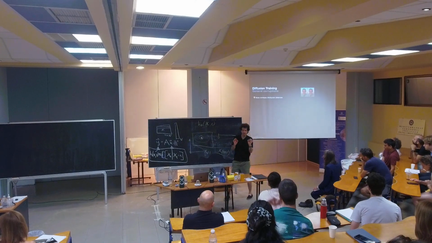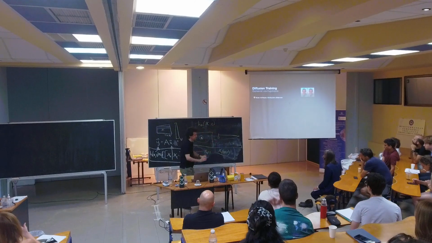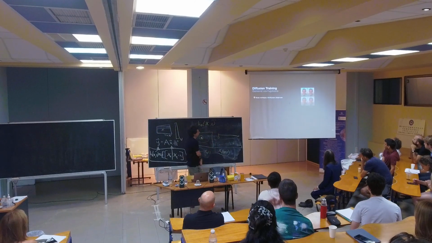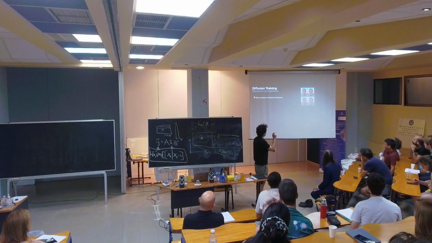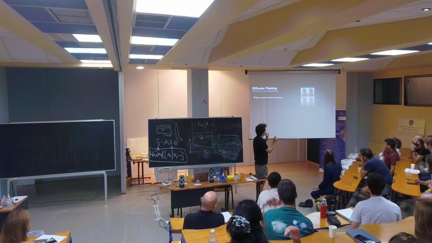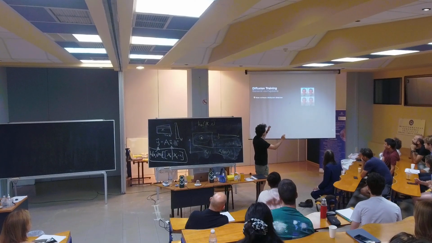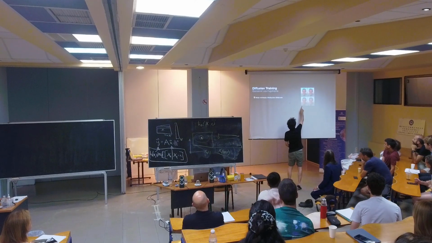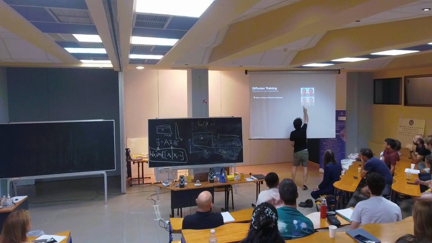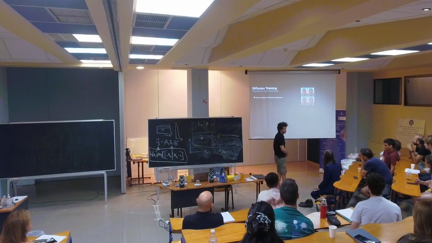But let me add additive Gaussian noise to both of these images and ask you to guess which is which. What I did here is I took the images, added Gaussian noise and randomly permuted them, and now I'm asking you to predict which one came from the blurry and which one came from the clean image. If you have to guess, which one came from the blurry? You have to make votes.